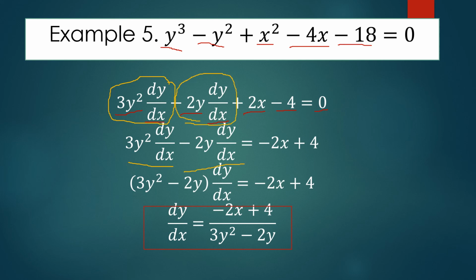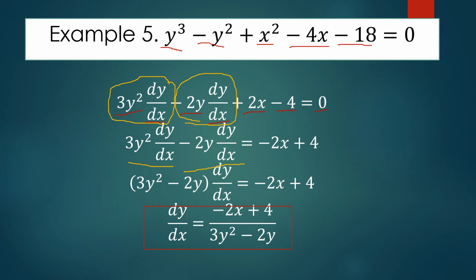Isulat din natin. Okay, so as you can see, yung dalawang nabilugan na term na merong dy over dx ay nasa bandang left na ng equation. Okay, so since nasa left side na sila, no need to change for the sign. So kung positive, let it be. Okay, so just copy positive. Kung negative, negative. Okay.